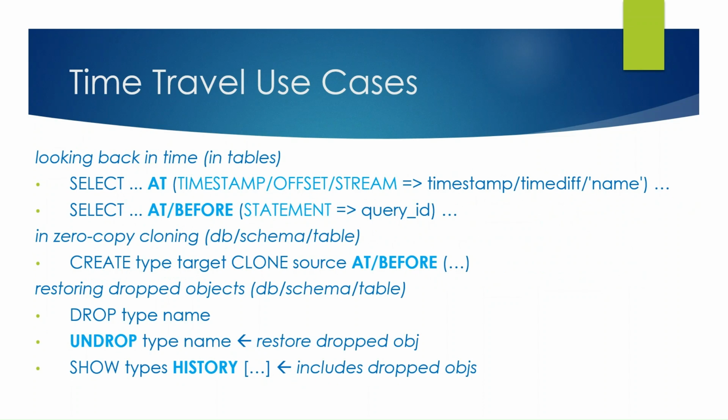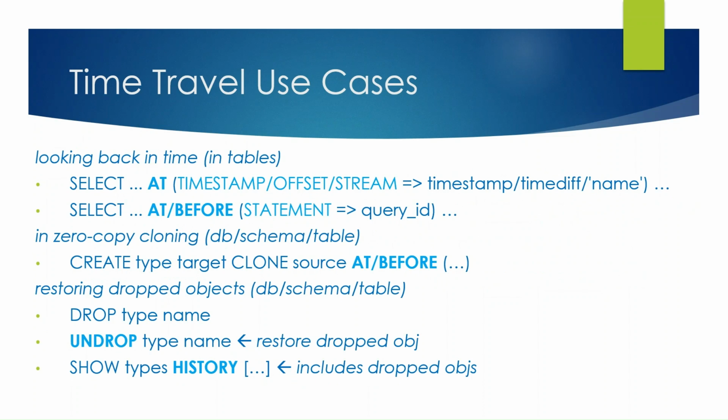These are the time travel use cases. So this is all you need, guys, if you want to understand how time travel works and how to use it from SQL in Snowflake. Looking back in time happens on tables, in the select statement: select, from, and then at or before, and here you have the different options.